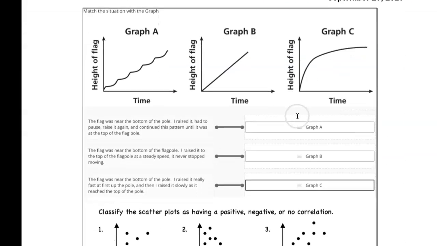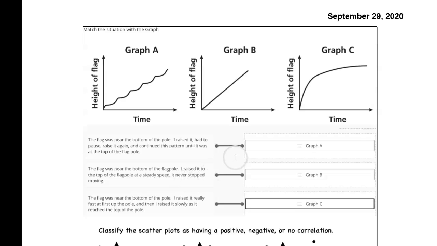This one's actually answered for you. I think this is the question on the concept check for you for today in 4.5, or maybe it was yesterday. That would have been yesterday, so that would have been 4.4. It basically has 3 graphs, and then you're supposed to try to match up the situation to the graph. So this one tells you to match it with the graph, but it's done. Those are the answers.